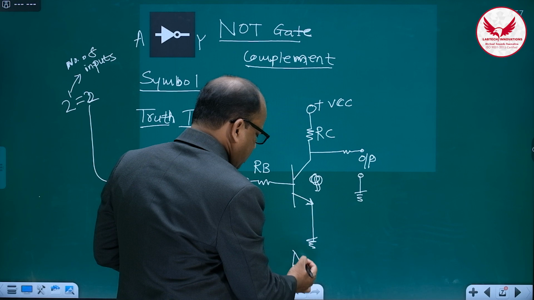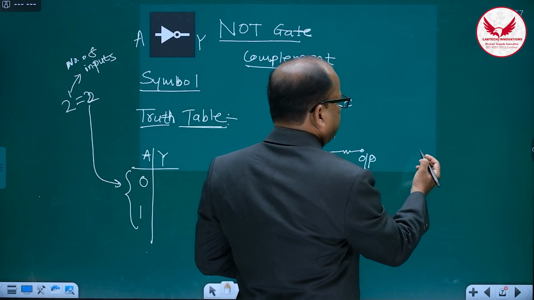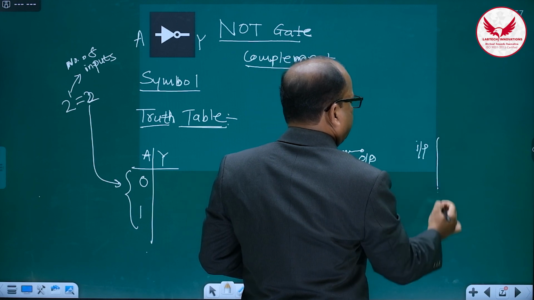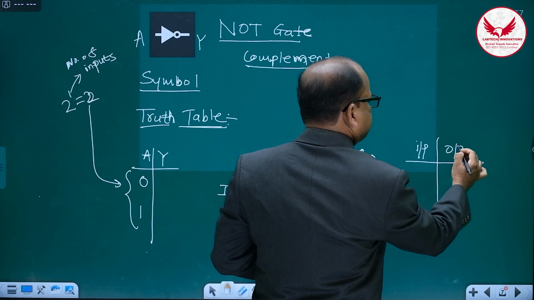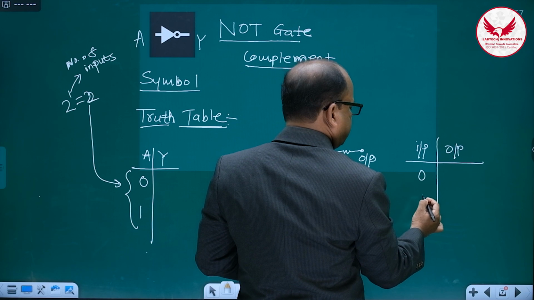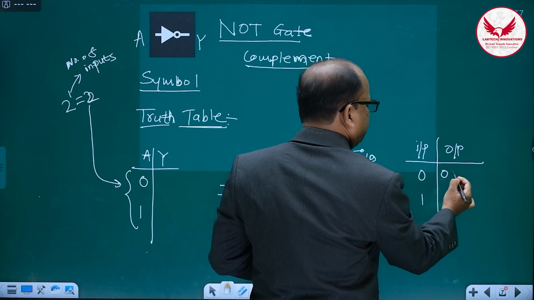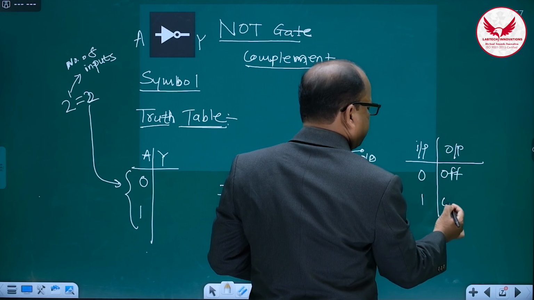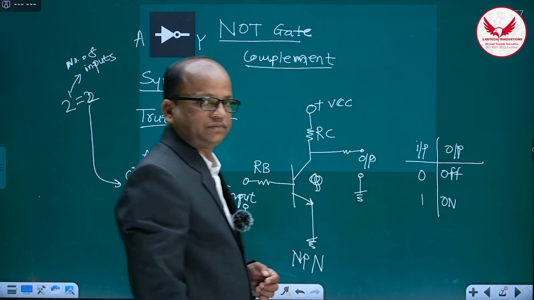So we know the property of this transistor. This is an NPN transistor. The functionality of the NPN transistor is, if the input is 0, the transistor becomes off, and if the input is 1, the transistor remains on, as it is an NPN transistor.